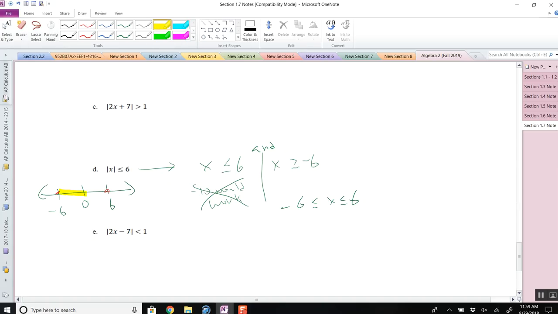You're going to shade in between. So it's an overlap. And it's not going to be OR, because if you do say OR, then you're implying that as long as I'm less than 6, anything less than 6 would work, or as long as I'm greater than -6, anything. But then the answer would be all real numbers, and that wouldn't make any sense. So that's why the answer is going to be just that.